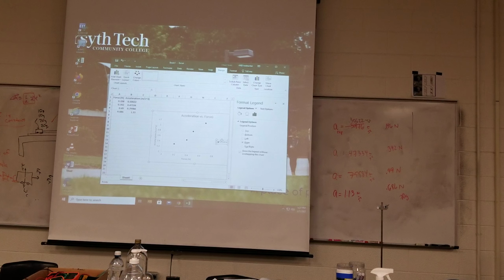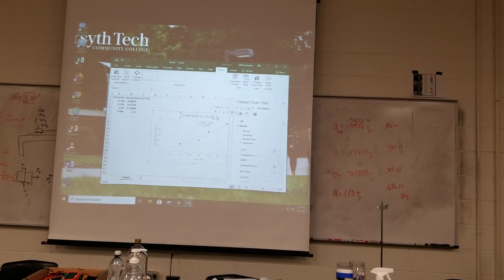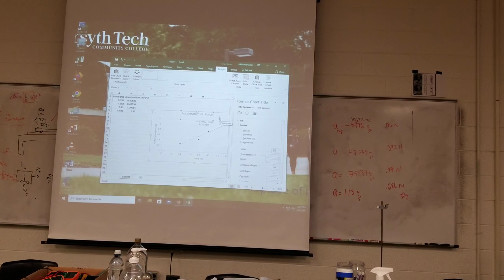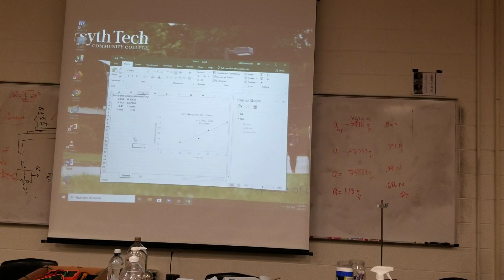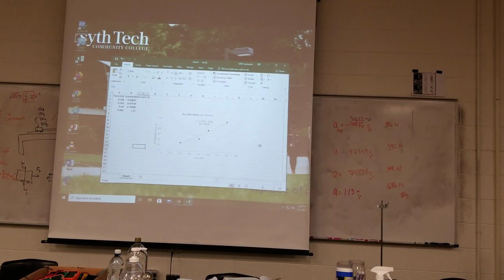Really don't need a legend here. And the trend line's gone. All right, so there we have a graph. Let's shift this so it can be seen more easily by the person reading it. And all right, assuming I spelled everything correctly, there's a proper graph.